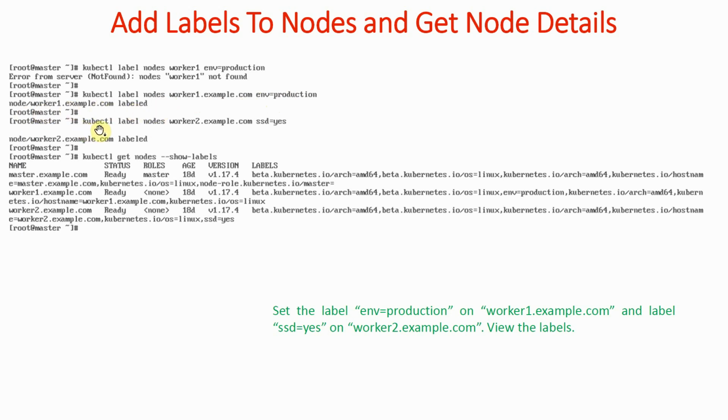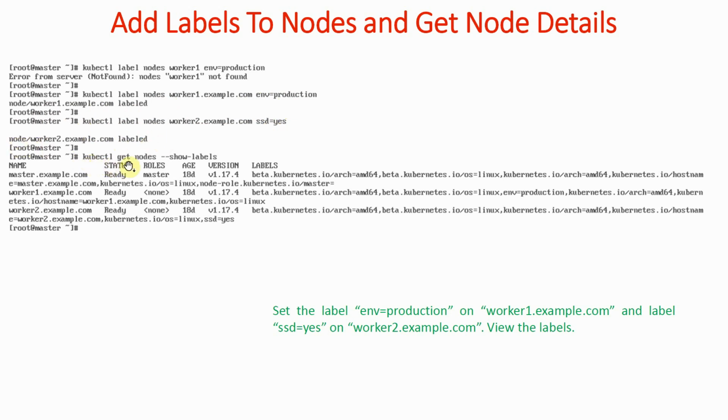It says worker1.example.com labeled. Then again we add another label: kubectl label nodes worker2.example.com, and here we are labeling it as ssd equal to yes. That means according to our requirement, whether worker1 is a production system, we can set the label, and whether worker2 has an SSD hard disk, according to that we can set the labels. So worker2 was labeled.